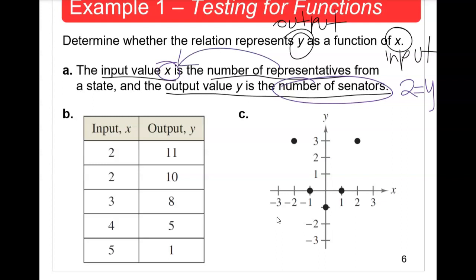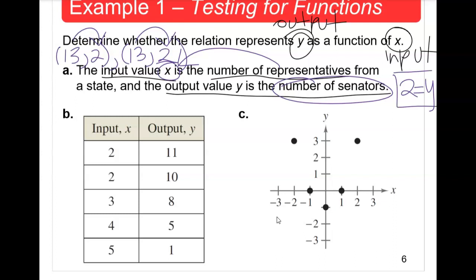Even if you have two different states with the same number of representatives, let's say 13, just to think of a number, the fact that they're both related to 2 still makes it a function, because the 2 is repeating.